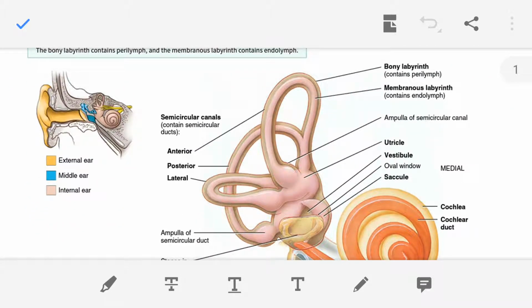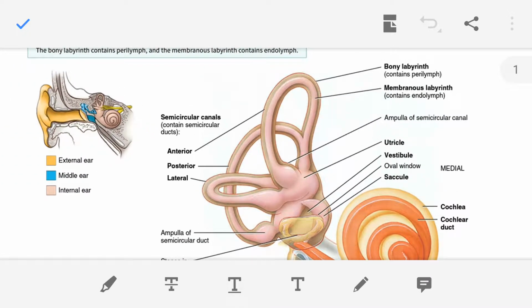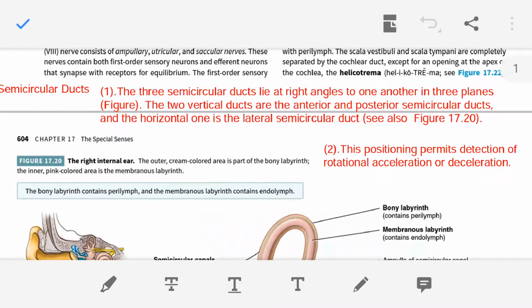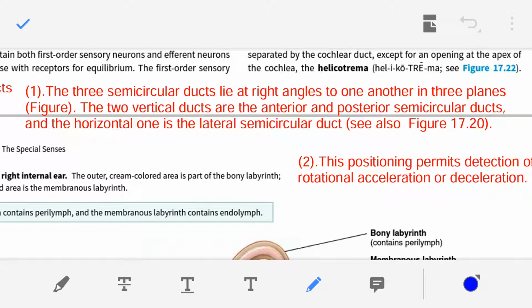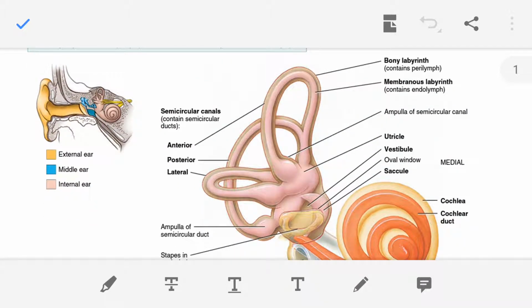So here in this figure, as you can see, these are the three semicircular canals, and in these canals, the pink color is the semicircular duct. Now, two semicircular ducts are present vertically, so there are two vertical ducts, and they are known as the anterior and posterior semicircular ducts.